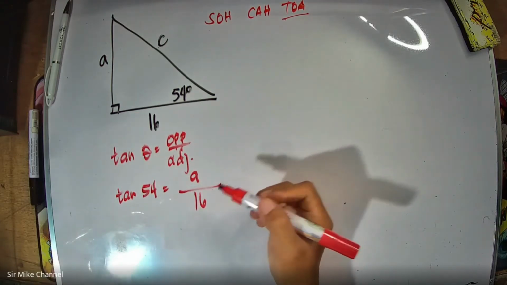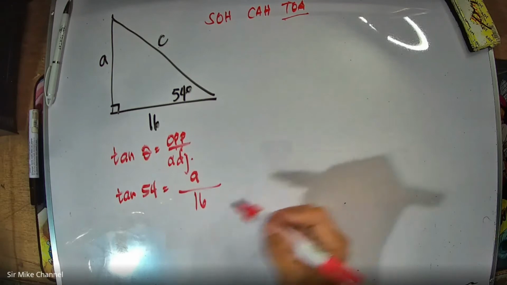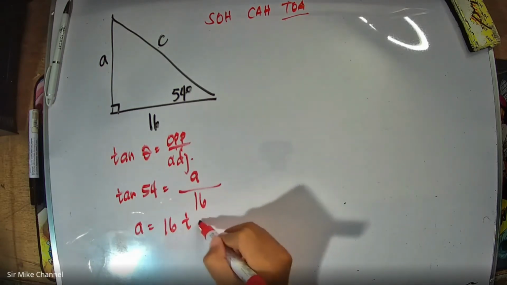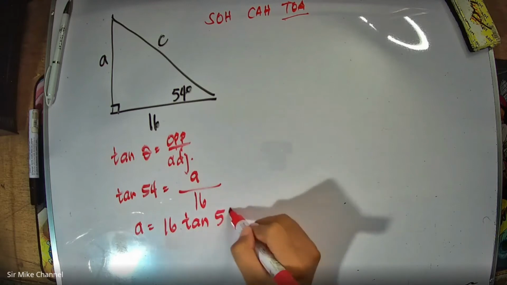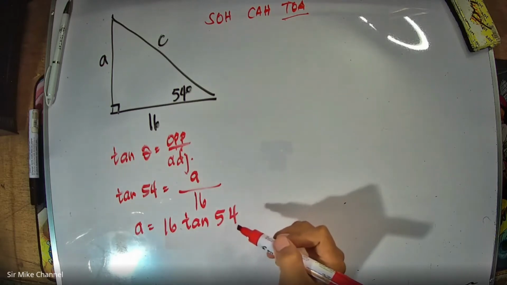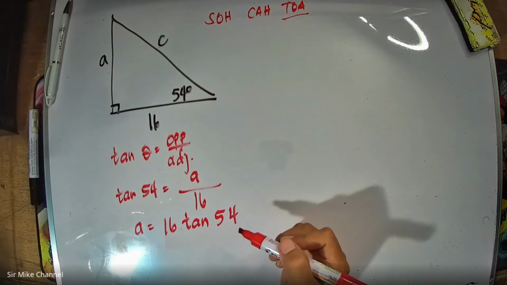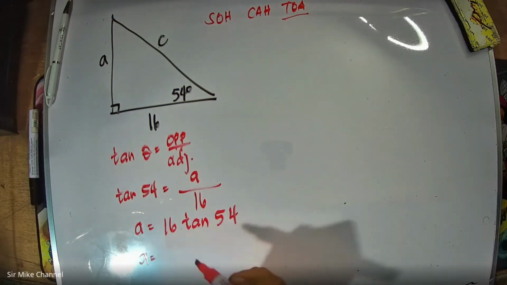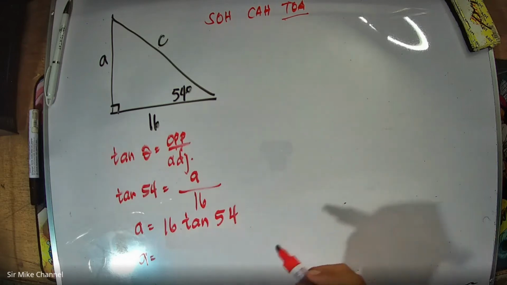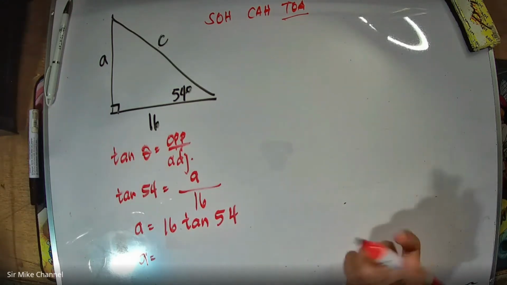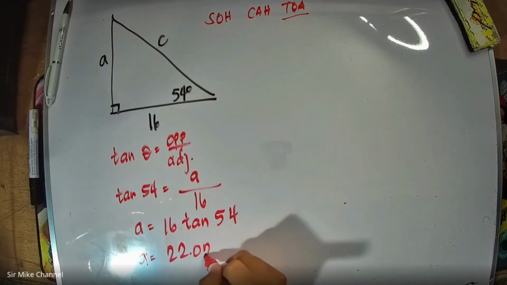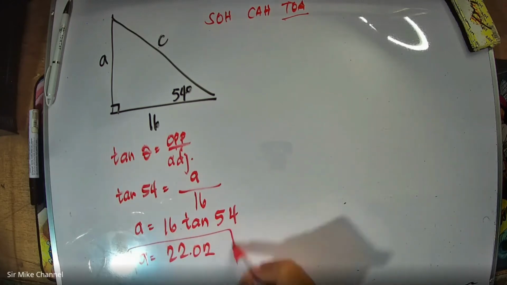Cross multiply, so we have A is equal to 16 times tangent 54. Using the calculator, 16 times tangent 54, the final answer is 22.02. This is our A.